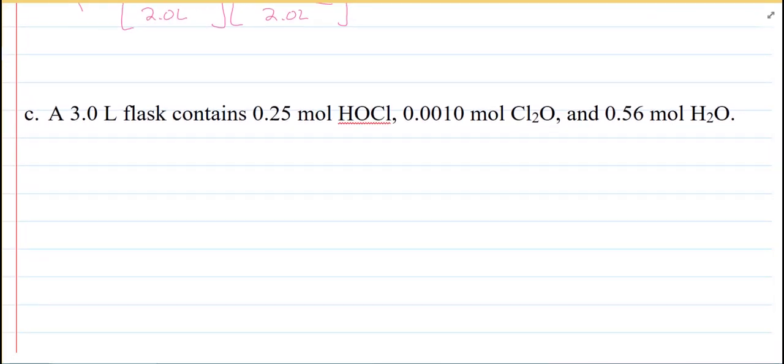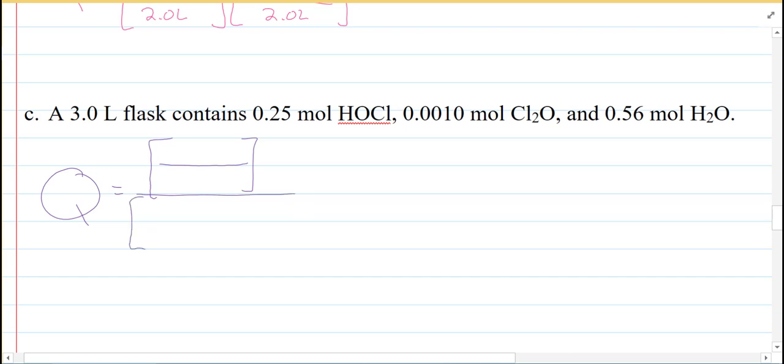For C, Q equals my 3 species in their concentrations. So HOCl is 0.25 moles. Water is 0.56 moles.